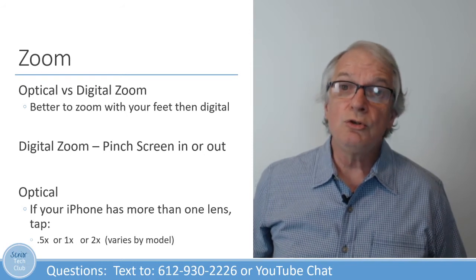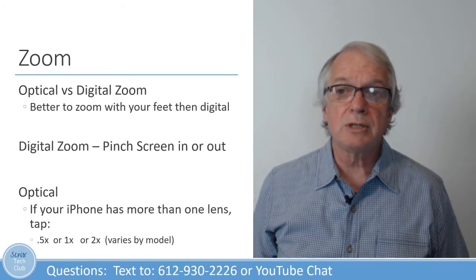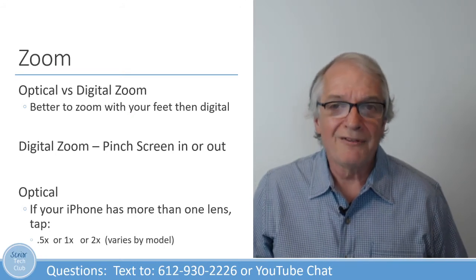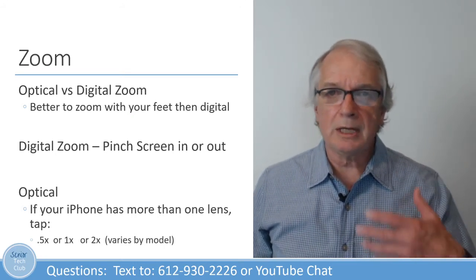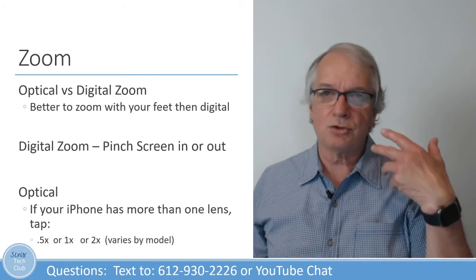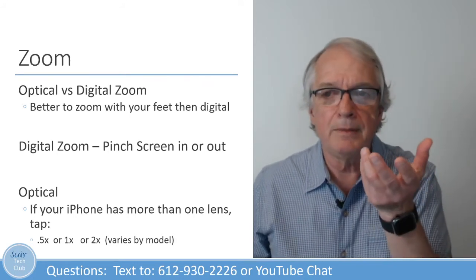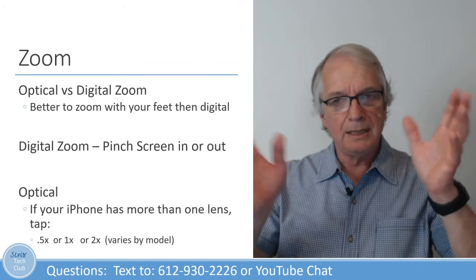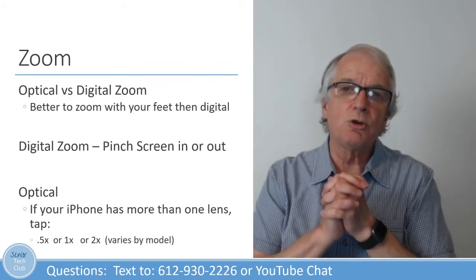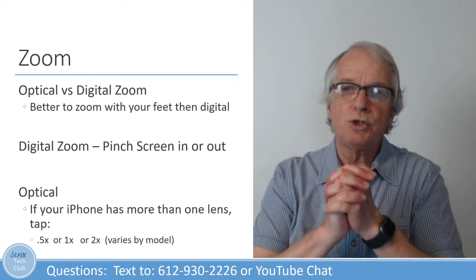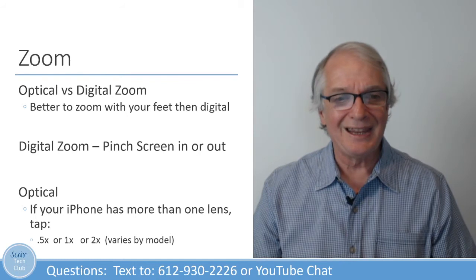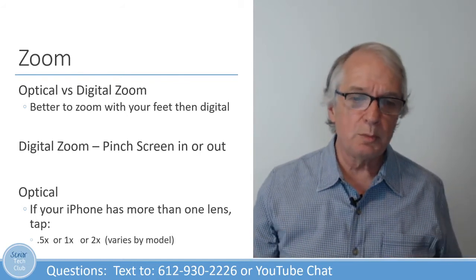And so if you send a digitally zoomed photograph to a photo printer like a Walgreens or a CVS or Target to get photographs printed, you will find that it'll be less resolution. The photos will be grainier because you are spreading out the individual pixels on that phone. So optical zoom is much better.